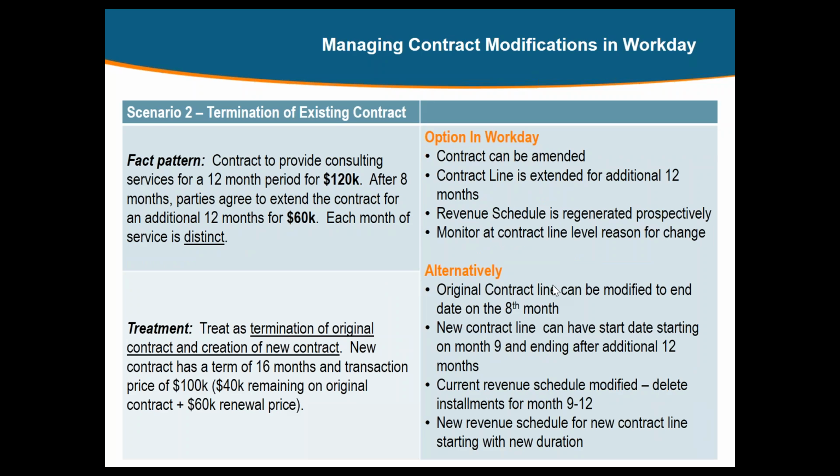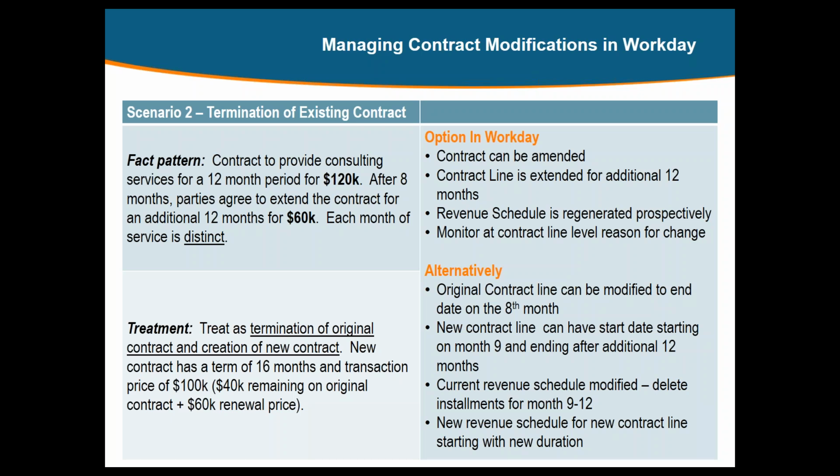So the second scenario is when the original contract for the services you terminated after 8 months, and then the parties decide to extend the contract for an additional 12 months. So it's slightly different. It's not a straightforward extension. You know, from a business standpoint, you're terminating and you're deciding to extend it for an additional 12 months.